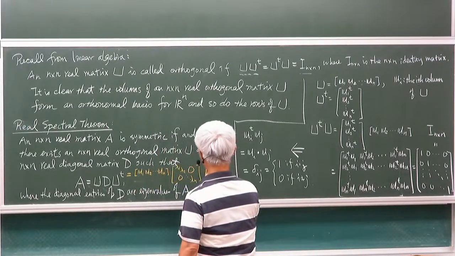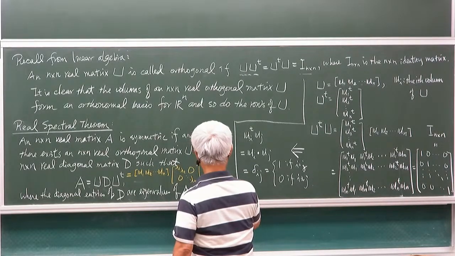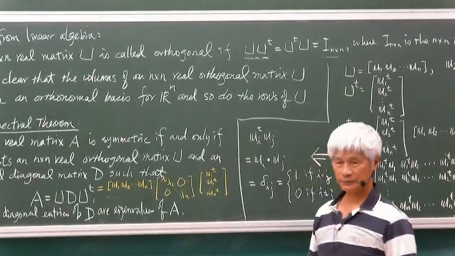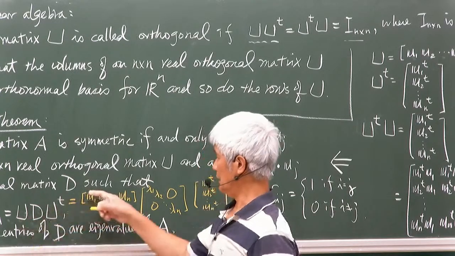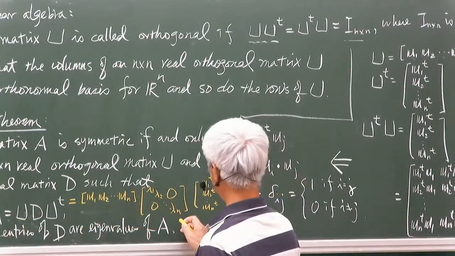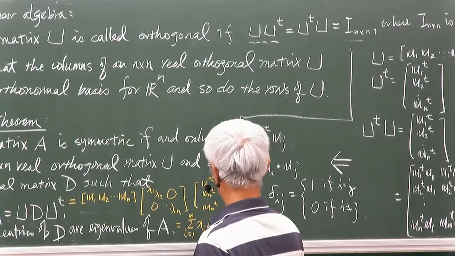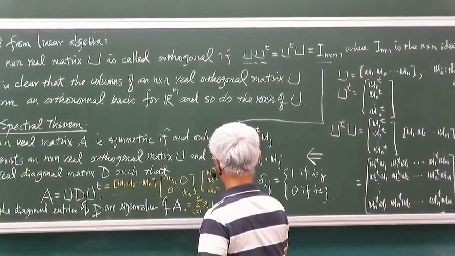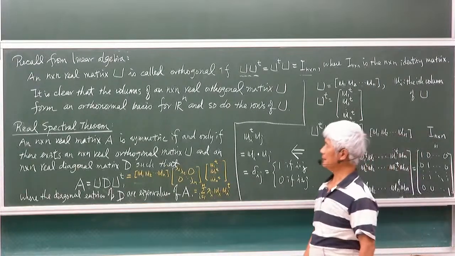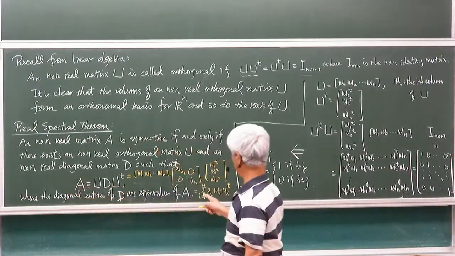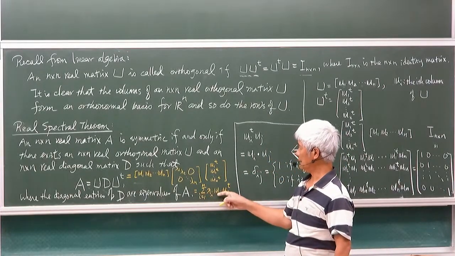If we write this way, U1, U2 up to UN are the n columns of this orthogonal matrix, and U1 transpose, U2 transpose up to UN transpose. When you multiply them, you will find this is equal to the sum of lambda I, UI, UI transpose. So the matrix A can be expressed by the eigenvalues of A.